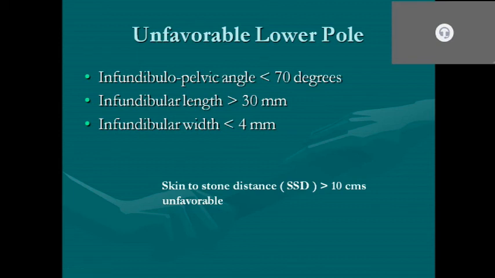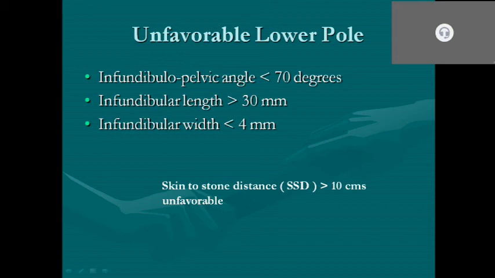It will be very acute. So the stone in the lower pole, in the lower calyx, when you do a shock wave, even after disintegration it cannot traverse up and come down to the ureter to pass off. So infundibulopelvic angle less than 70 degrees is unfavorable.